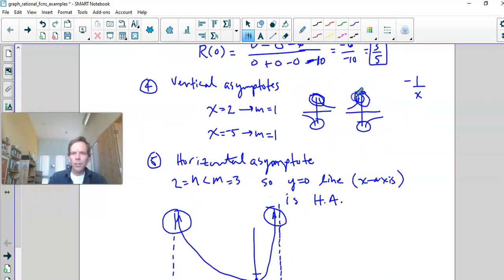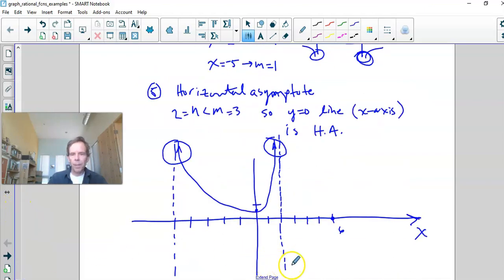We know it looks like this at the top. What's this saying it has to be at the bottom? It has to peel off from the right at the bottom, like this. And then it's going to come up through the x-intercept, and then it's got to get closer and closer to the x-axis because that's the horizontal asymptote. All right?